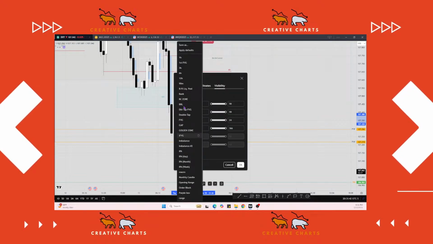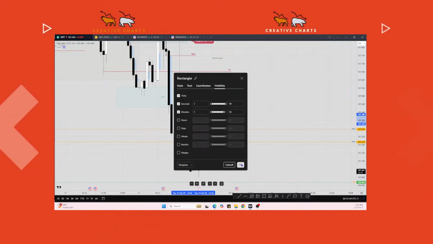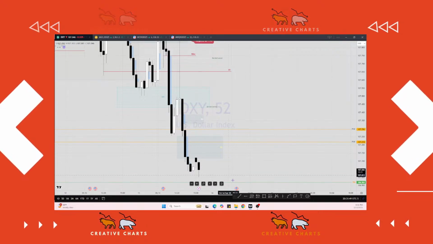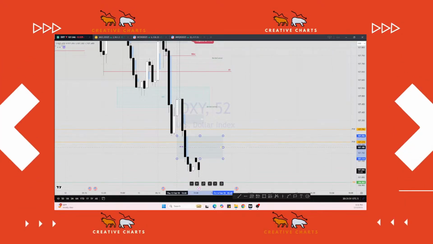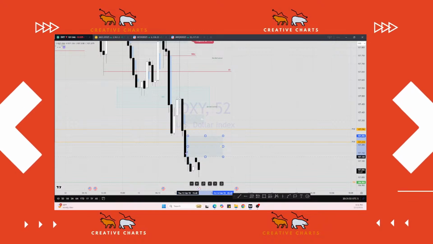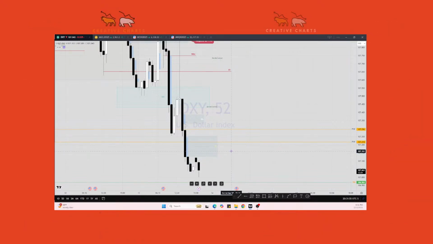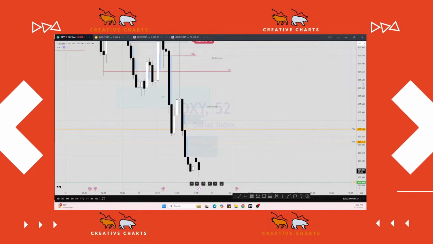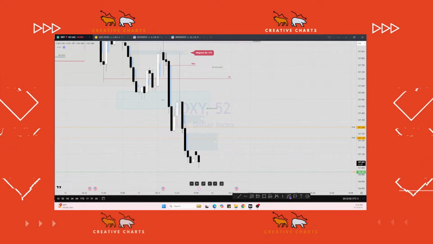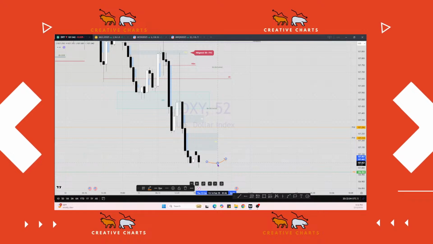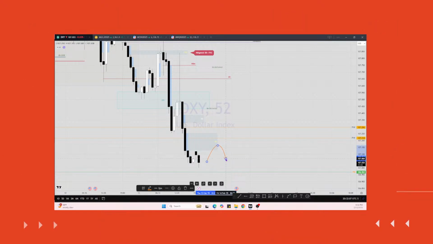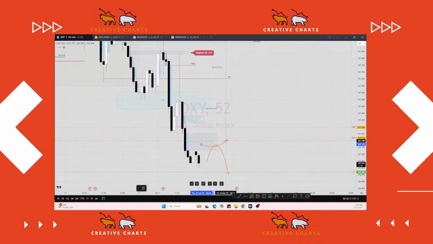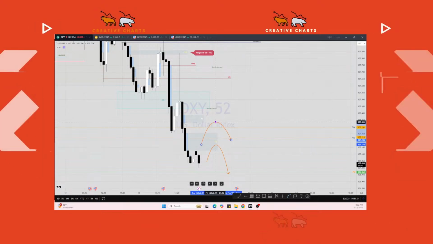Doesn't mean that price will redeliver that and continue lower, but if it can make its way up to this point before it takes the previous month low, definitely something I'll be looking for. If not, just have to readjust, reanalyze what we see. So I would not mind something like this. Or something like this.